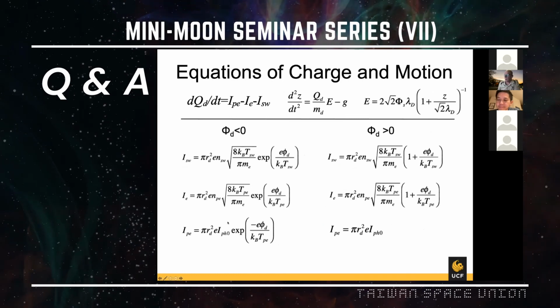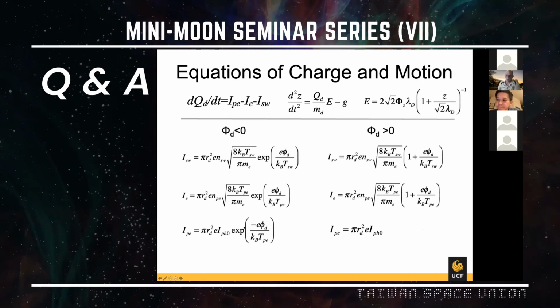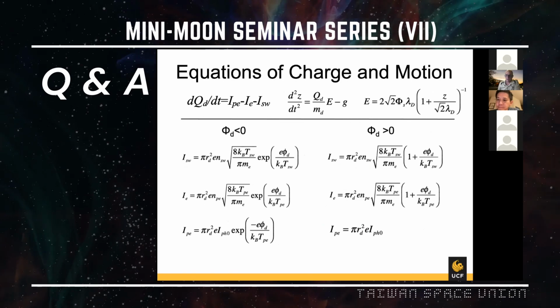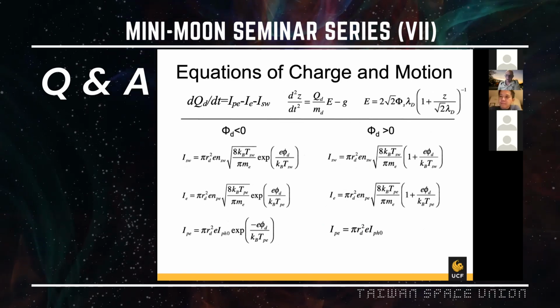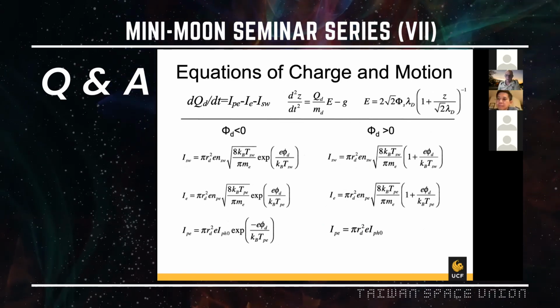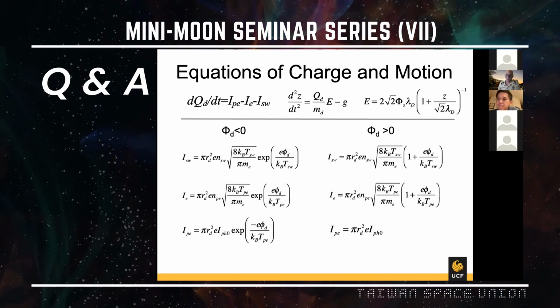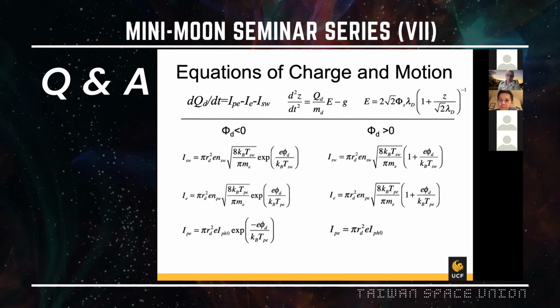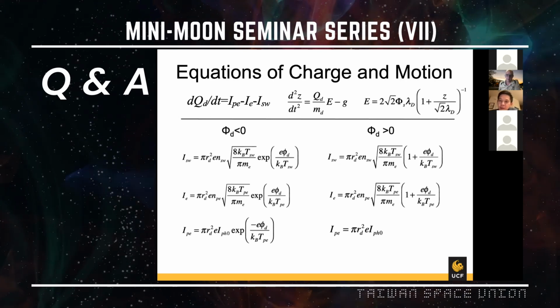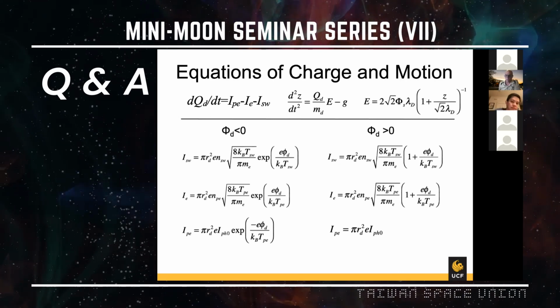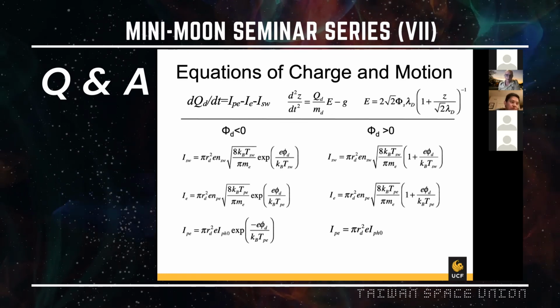These charging equations don't really care about the composition. The composition sort of enters into the work function of the lunar surface and the photoelectron production rate off the lunar surface. So there's some weak dependence on the composition there.